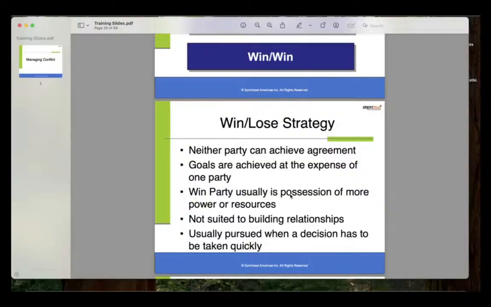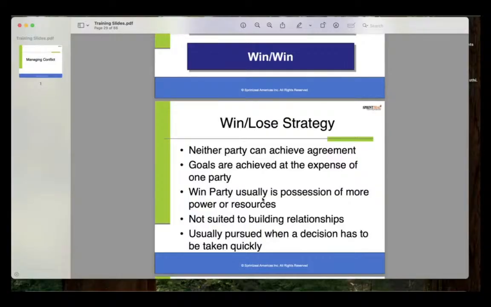Cool. Thanks. Let's see about the win-lose strategy. First of all, what happens in this strategy, the key points that are given here. In this strategy neither party can achieve agreement, because it is a win-lose strategy. Goals are achieved at the expense of one party.